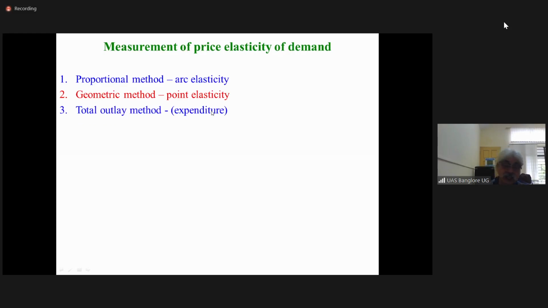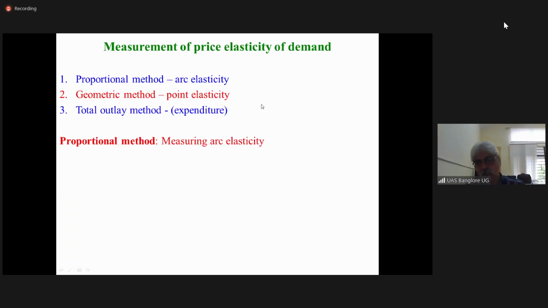The total outlay is nothing but the total expenditure. How much is the expenditure because of the increase in price, change in demand, and so on? What is the total expenditure? Okay, so these are the three methods used to measure the price elasticity.